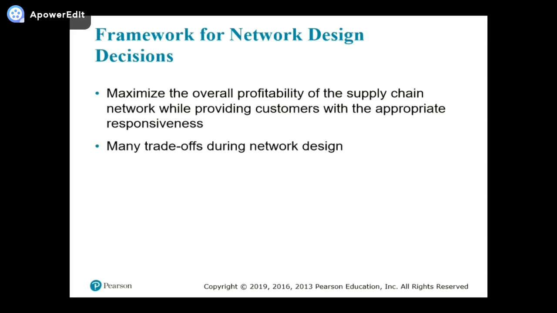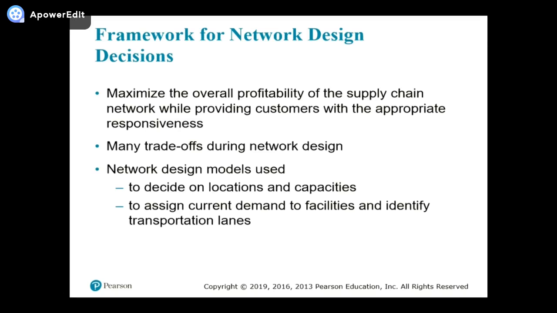And there are many trade-offs to be considered when designing a supply network. We're going to use models to consider some of these trade-offs. For example, we're going to decide how to determine the appropriate facility locations and their corresponding capacities. And then we're going to decide demand allocation decisions, how to match these capacities with the appropriate demand.